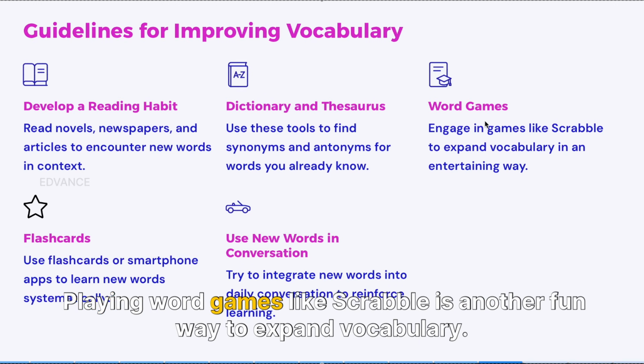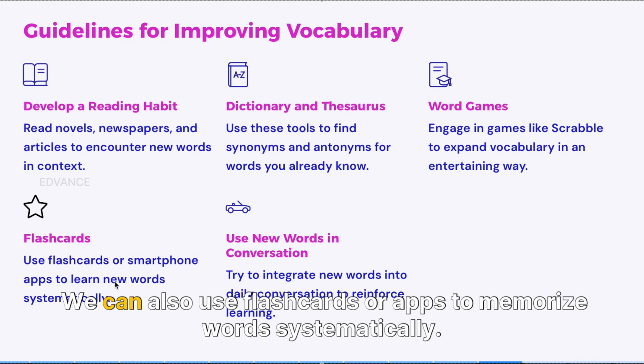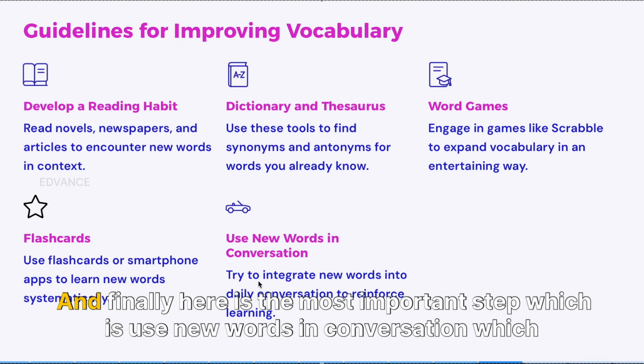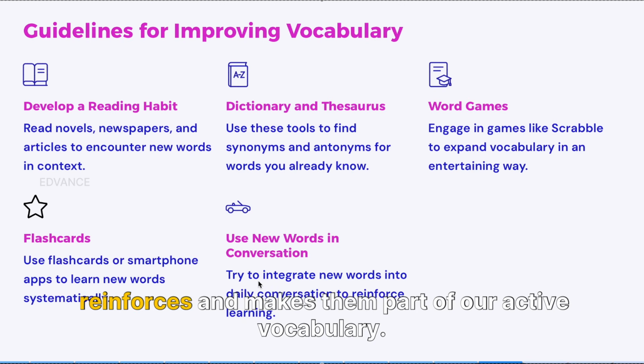Playing word games like Scrabble is another fun way to expand vocabulary. We can also use flashcards or apps to memorize words systematically. And finally, here is the most important step: use new words in conversation, which reinforces them and makes them part of our active vocabulary.